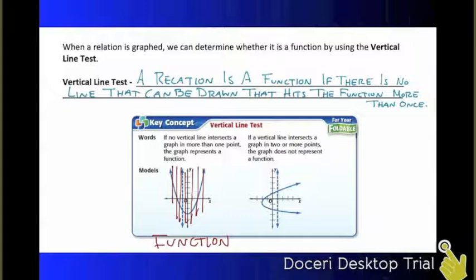On the other hand, if it does intersect more than once, like in this case, the one they drew right here, this actually hits twice, it means this is not a function, with a sad face. It's really super simple. Not anything complicated with that. It's really that easy.